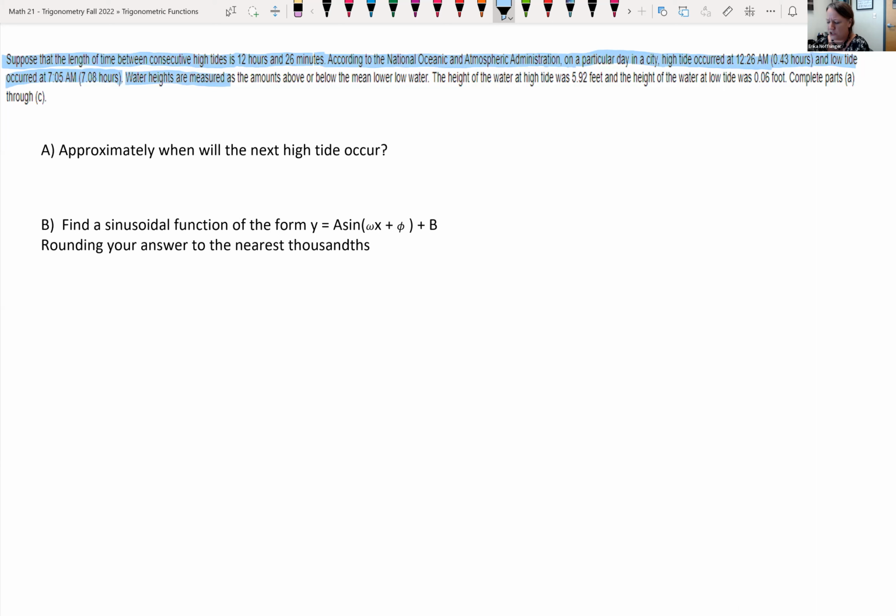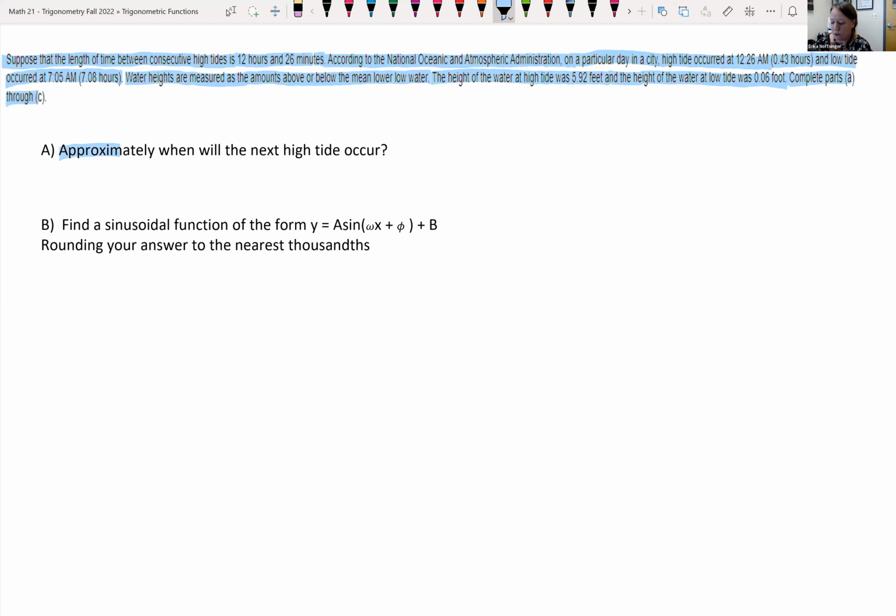Water heights are measured as the amounts above or below the mean low water. The height of the water at high tide is 5.92 feet, and the height of the water at low tide is 0.06 feet. Complete parts A through C.